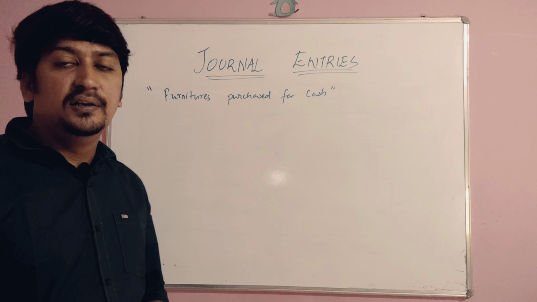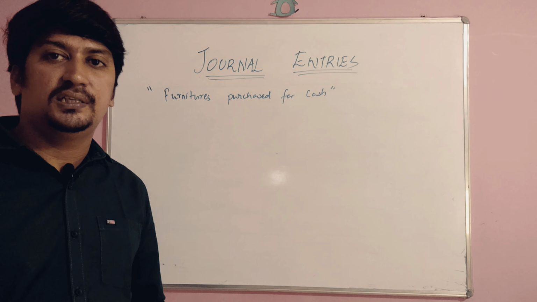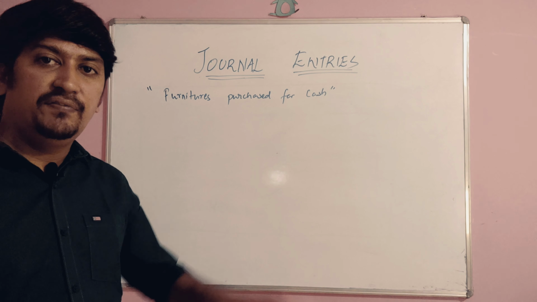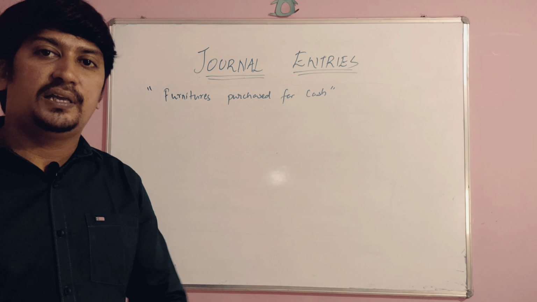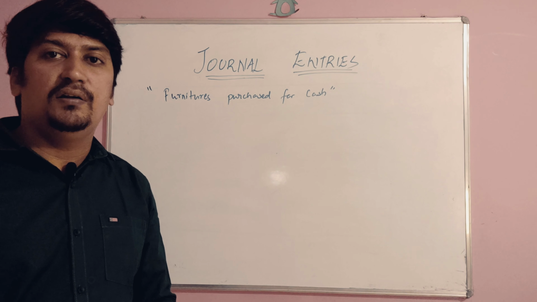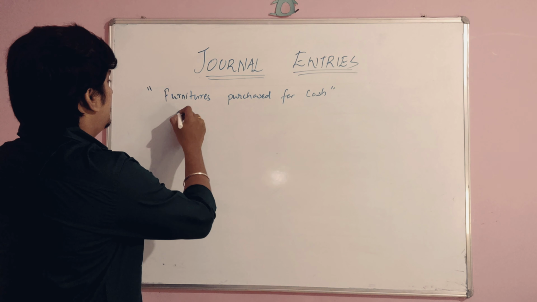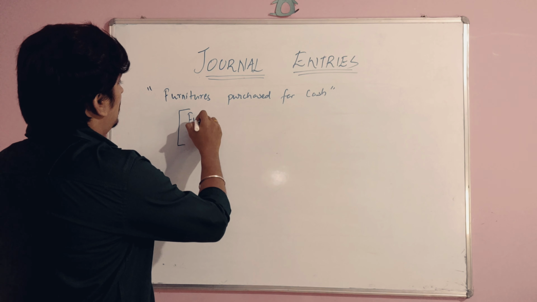In this transaction, we purchase furniture, so we have to record in our total furniture that new furniture is added, and we also have to record that we purchased the furniture for cash. So out of the cash in hand, some of the cash has reduced, so we have to decrease that particular cash account.